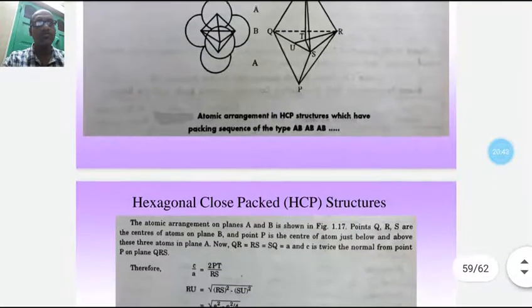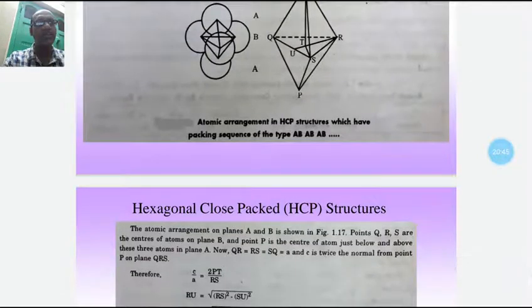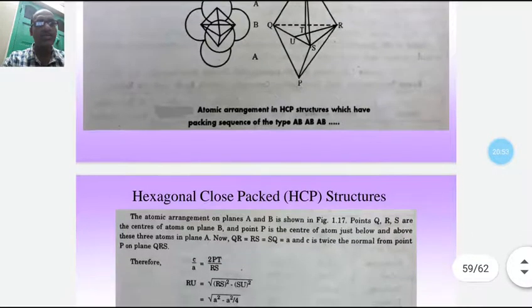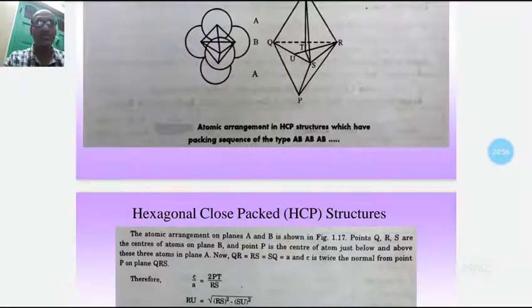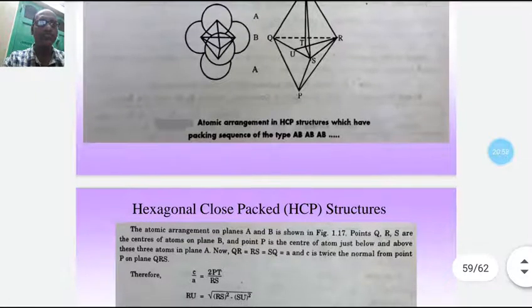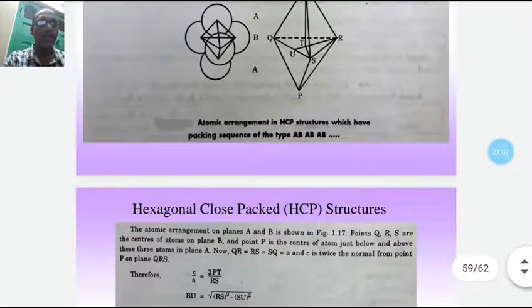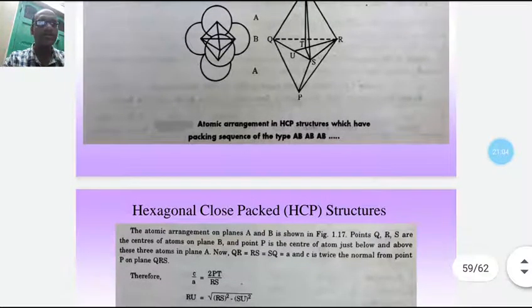So now from this geometry, RU is equal to root over of RS square minus SU square. From this simple geometry, RU is equal to root over of RS square minus SU square.